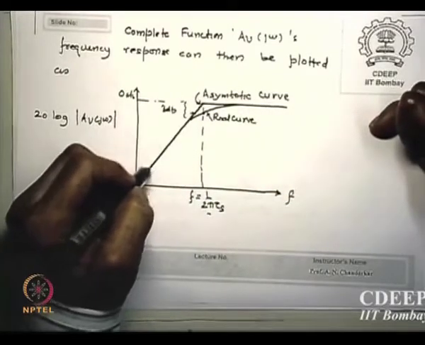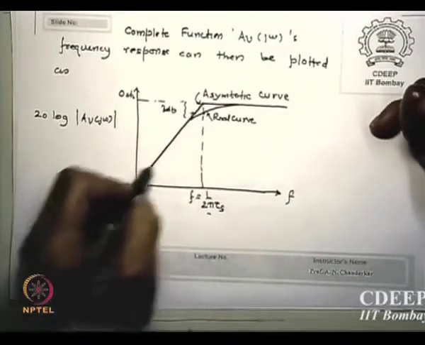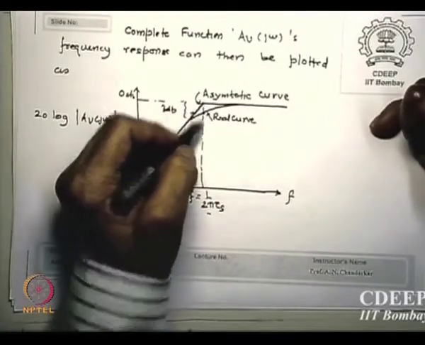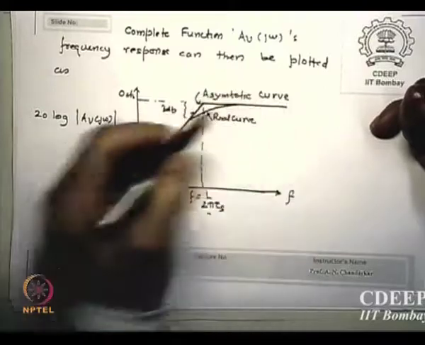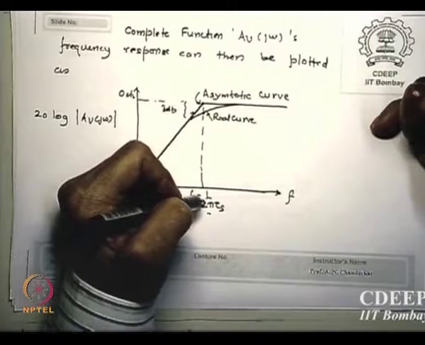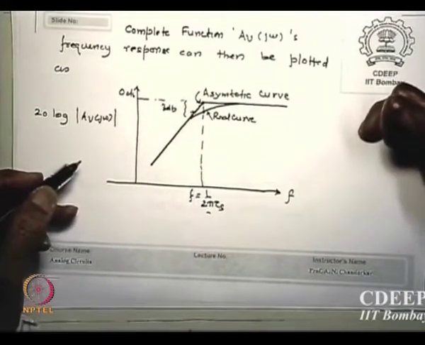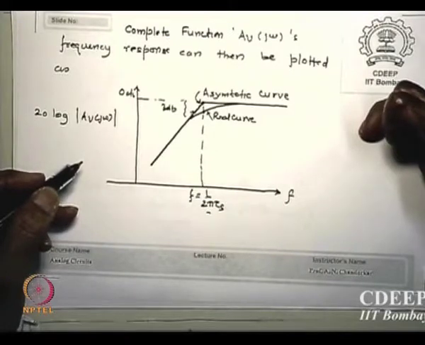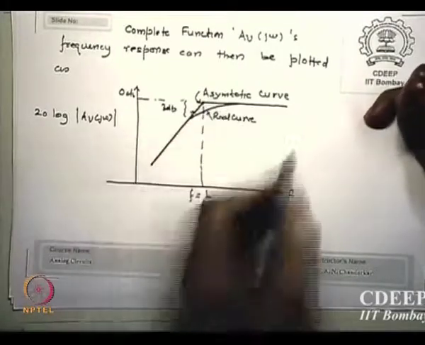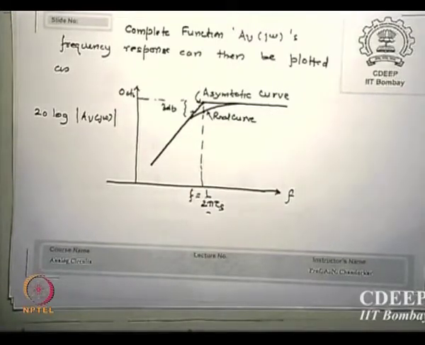If I draw two such lines, one line straight way and the other from this 3 dB point straight way, this point essentially represents 1 upon 2 pi tau s. This is called the corner frequency, and the actual curve is asymptotically following these two lines.